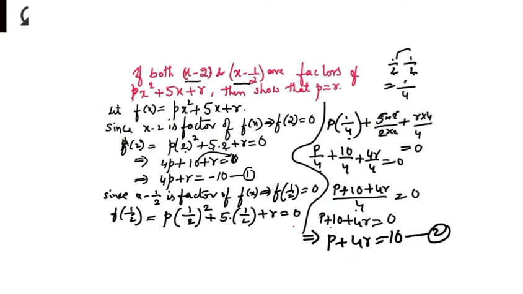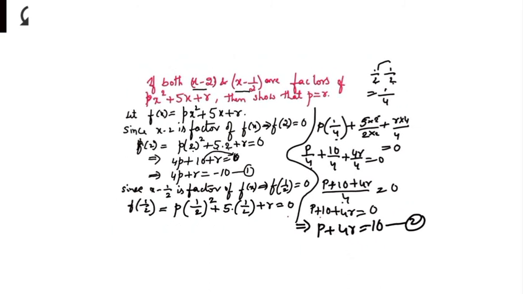Now solve 1 and 2. So what is the first equation? We get 4p plus r is equal to minus 10, and here we get p plus 4r is equal to minus 10. This is first, this is second.